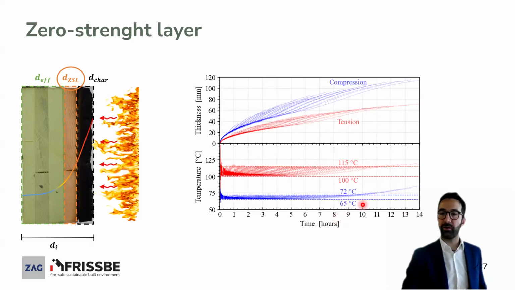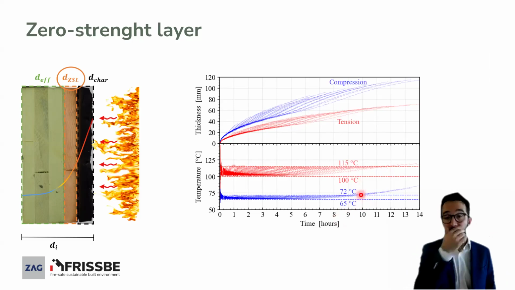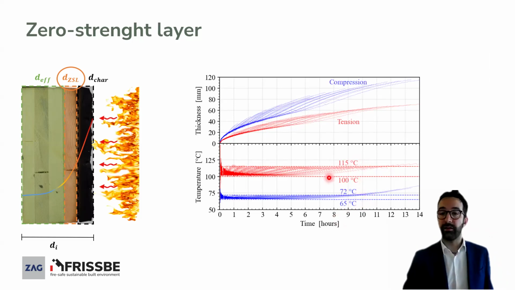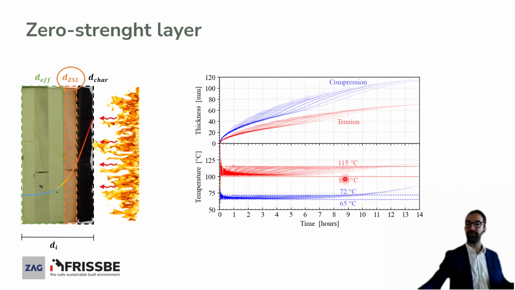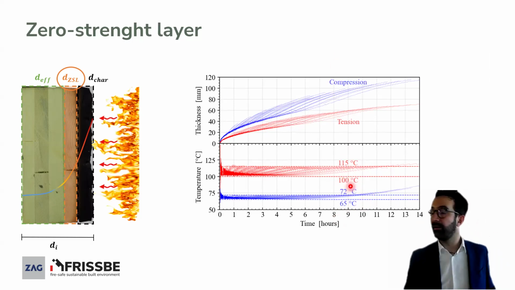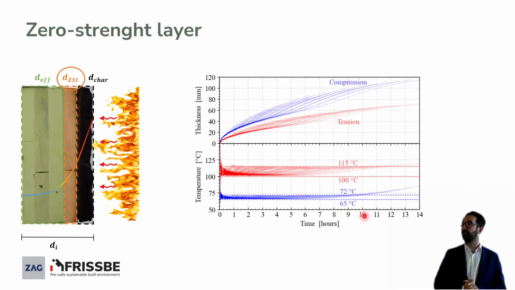We found it quite interesting that if you look at the element in tension, your zero strength layer goes from 300 to about 110, 115 degrees. And in compression, it goes as low as 65, 72 degrees.